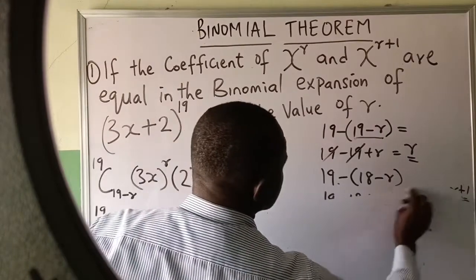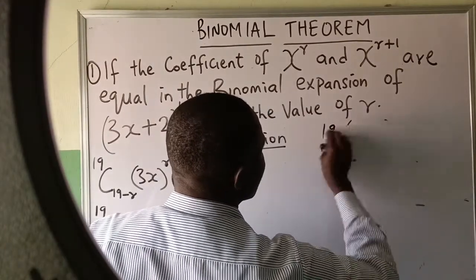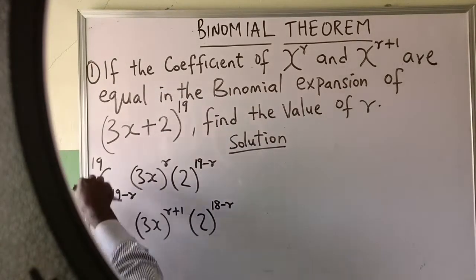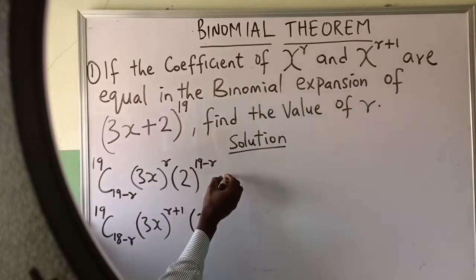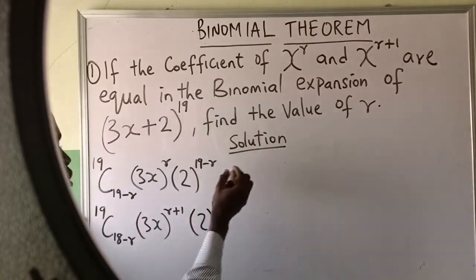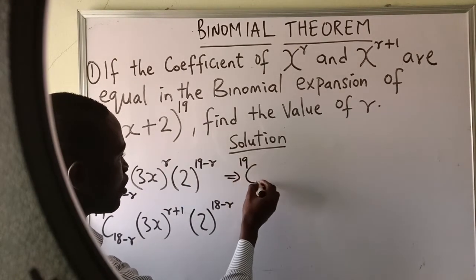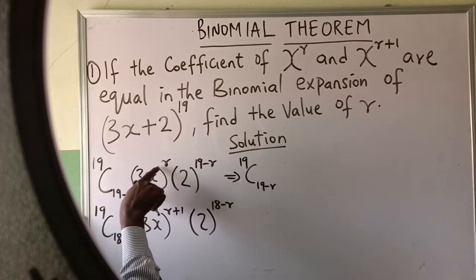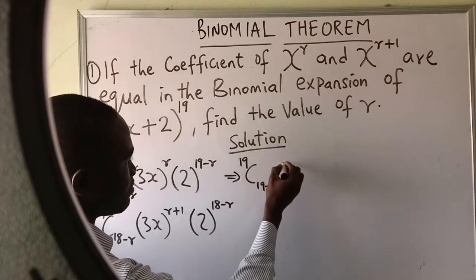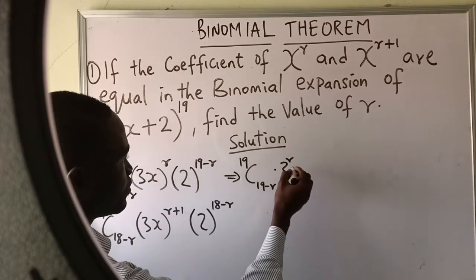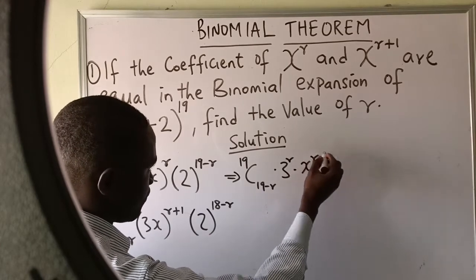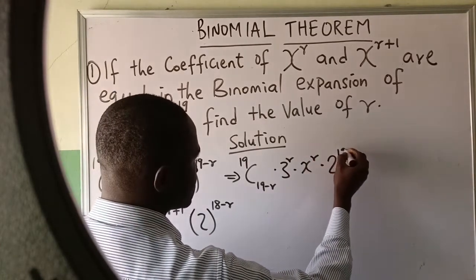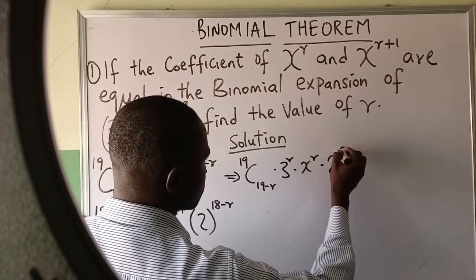Now, at this point, we'll check what their coefficients are, because they mention coefficients here. Simplifying this, we have 19 combination 19 minus r, times 3 raised to the power of r, times x raised to the power of r, then times 2 raised to the power of 19 minus r.